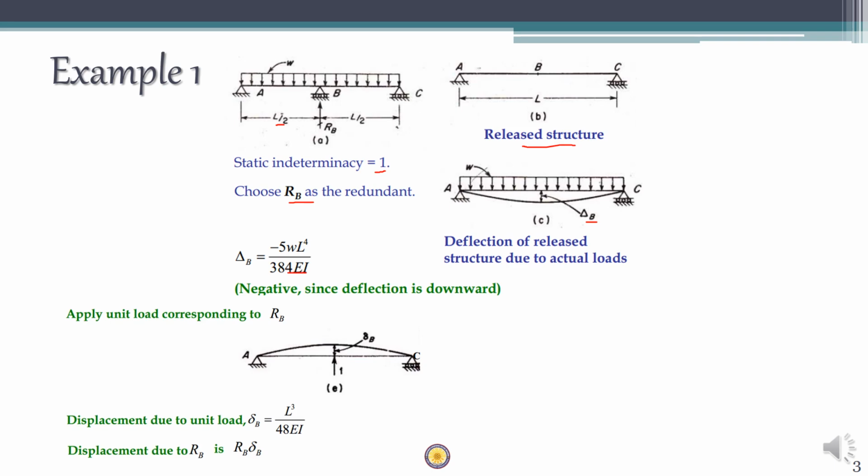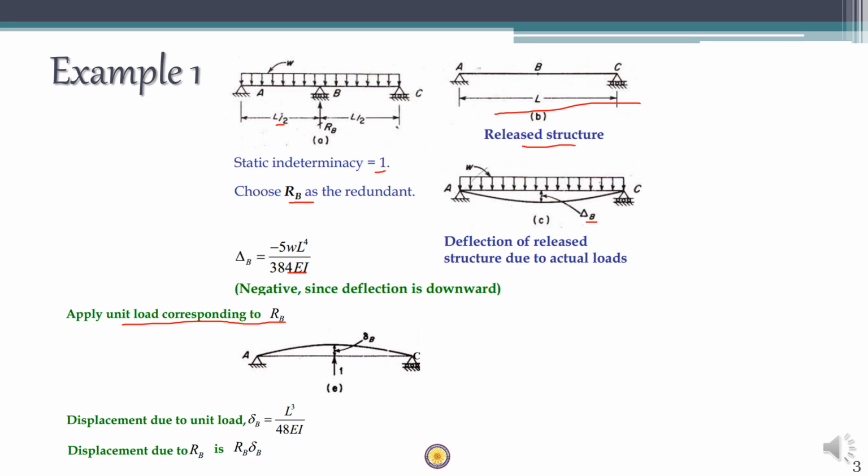Now the next step is, on the released structure, we have to apply a unit load corresponding to the redundant. So the redundant was RB, so corresponding to RB, which was an upward reaction, we apply a unit force in the same released structure and find out the small deflection, small delta B. Okay, so this is again a simply supported beam of length L subjected to a single point load at its center, which will cause a deflection at the center equal to WL3 by 48EI.